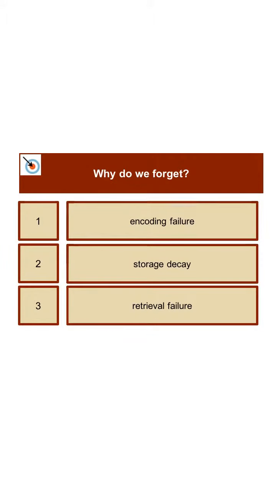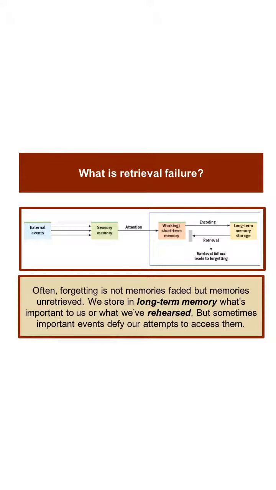And then finally, we've reached the third reason for forgetting, and that would be retrieval failure. Retrieval failure is sort of the general concept of forgetting. We've stored this memory in long-term memory.